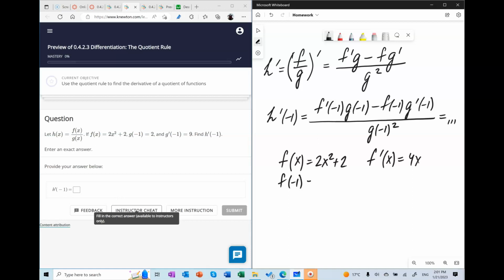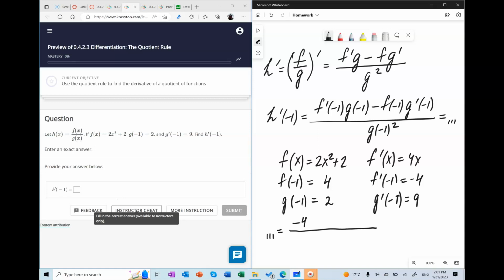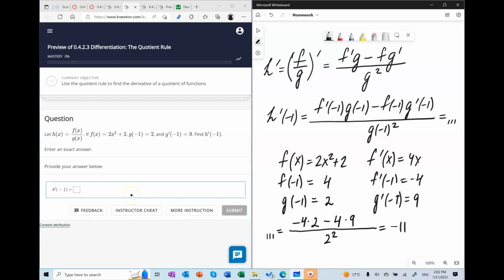So f of -1 is 4, and f prime of -1 is -4, and it's given that g of -1 is 2, and g prime of -1 is 9. So now we can plug everything in. So we have f prime of -1, -4, times g of -1, 2, minus f of -1, 4, times g prime of -1, 9, divided by g of -1 squared. So the answer is -11.